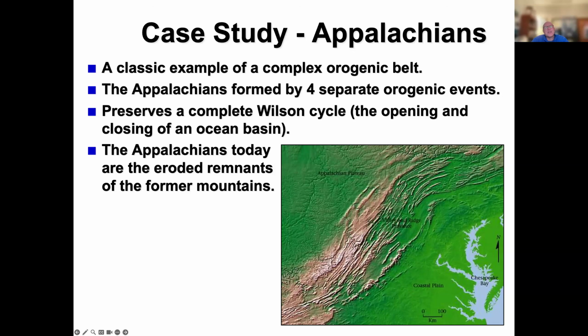But in this case, there was a guy named J. Tuzo Wilson who came up with this idea or a model that describes the opening and closure of ocean basins and subduction and eventual divergence of tectonic plates during the assembly and breakup of supercontinents. And the Appalachians are considered to be a classic example of this Wilson cycle. All right.